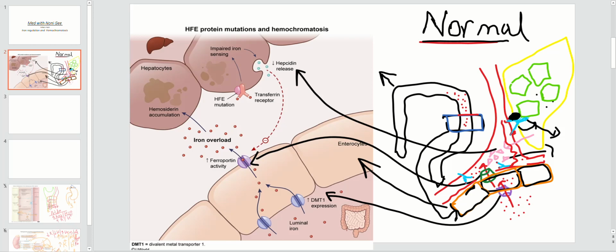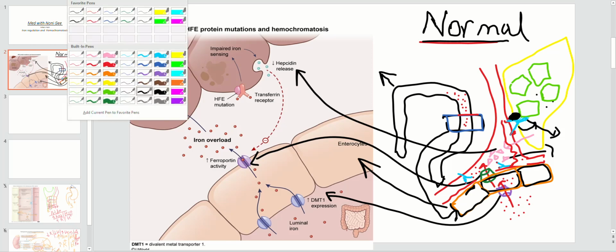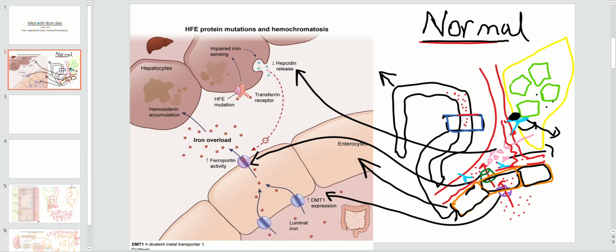Let's say iron is utilized and then the body senses we don't need the iron. Then the liver will secrete hepcidin. What is hepcidin doing? Let me change the color so you better understand. This hepcidin, the pink one, causes inhibition of these ferroportin channels, saying that we don't need excess iron, so don't throw the iron into the blood from the enterocyte, right?